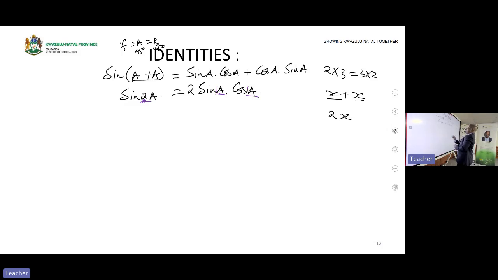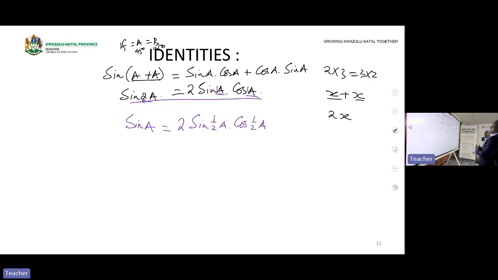What do I mean by that? I mean sine of A can also be expressed as a double angle. So how would you express sine of A as a double angle? If you understand the pattern here, it's going to be 2 sine of half of A times cos of half of A. Same thing applies to sine of 3A.